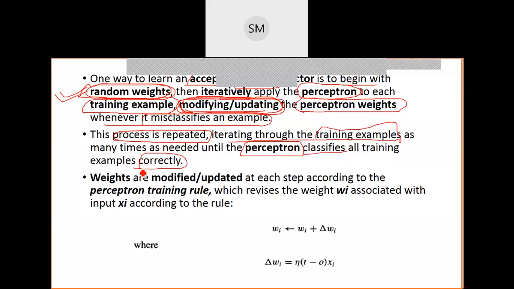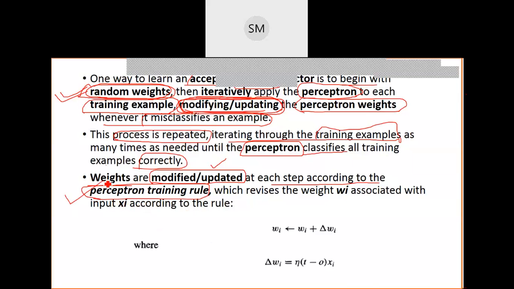Weights are modified or updated if the perceptron is not classifying training examples correctly. Because of this updation or modification, we call this rule the update rule also. So these weights are updated at each step according to the perceptron training rule, which has one more sub rule called the update rule.